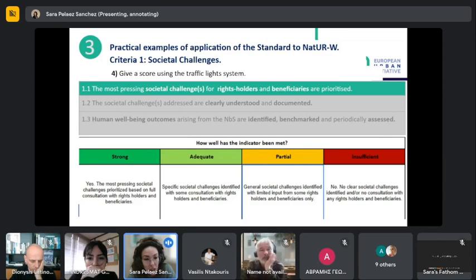I think that is a slight weakness here. So that's why I will not propose to go for strong. I will keep it more conservative and just place it as adequate. If you want to share something here, otherwise we can jump to the next part of the training.